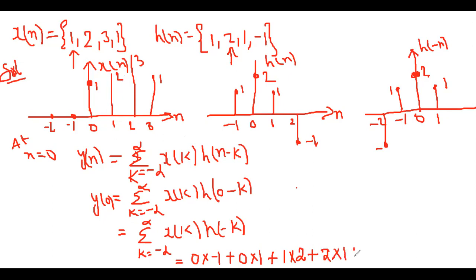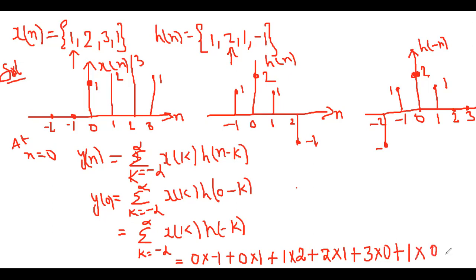The value is 1 plus, and at 2 the x value is 3, and here it is 0. At 2 it is 0 and at 3 it is 0 here. So 0 plus, and at 3 the value is 1, and here 0, so 1 into 0.